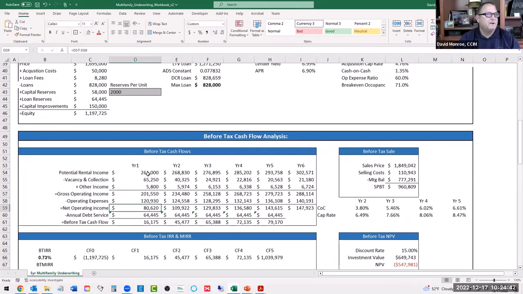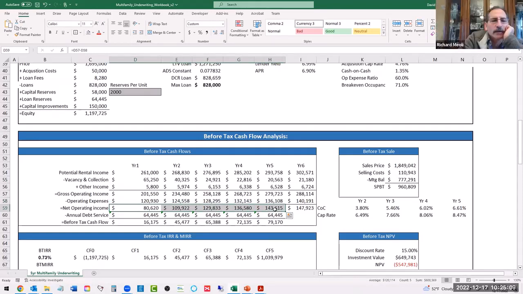All right. The way to manipulate this NOI without manipulating the income or the expenses is to do it through the vacancy. Notice how the vacancy trends downward. As vacancy trends downward, NOI trends upward. Do you see that? Even though everything else stayed the same. Right. Okay. Got it. Okay.